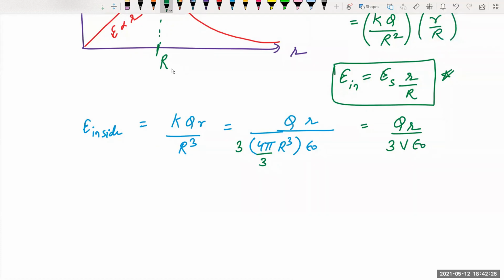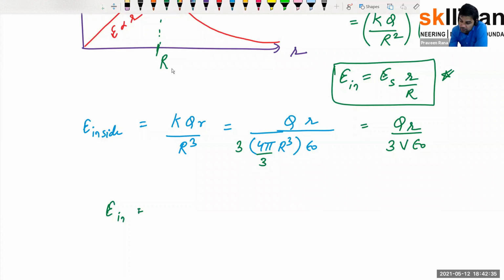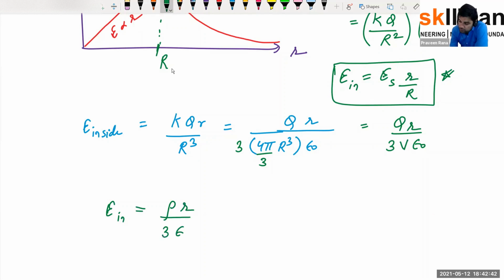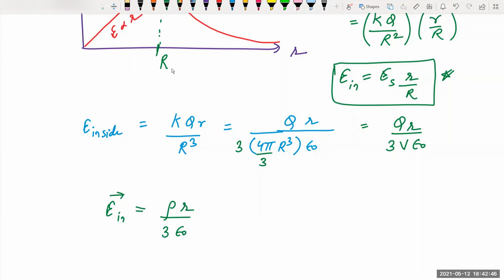And charge upon volume is what? Charge per unit volume, charge density, volumetric density, rho. Exactly. So we have another formula, and this formula comes exactly in the vector form.